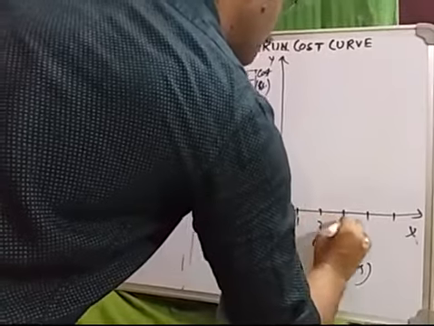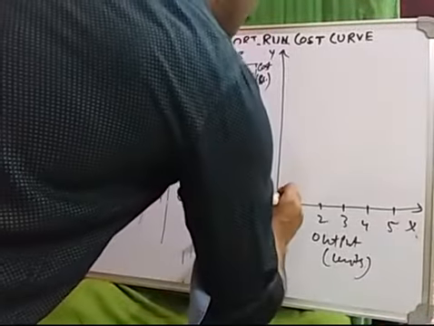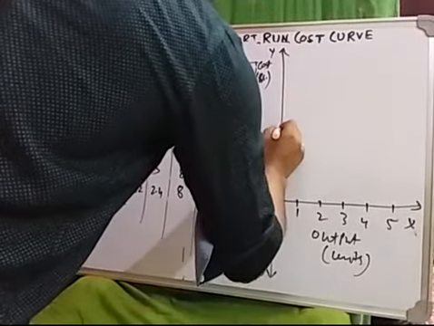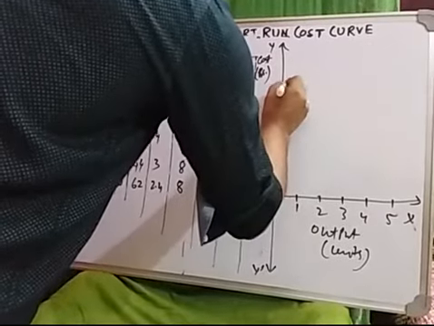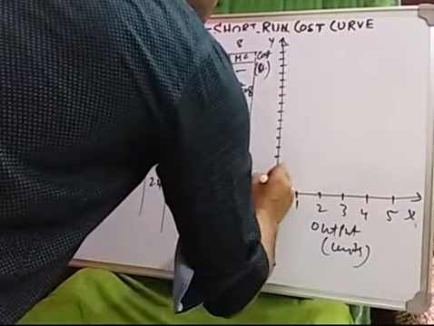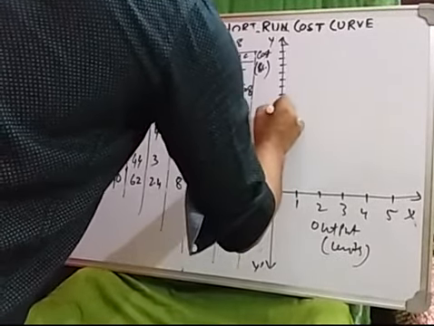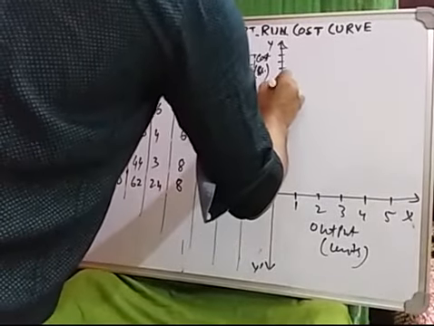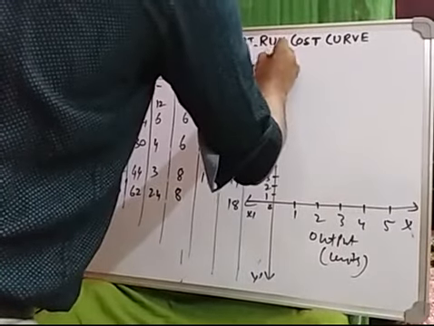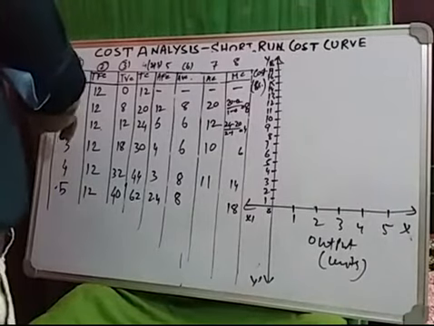So 0, 1, 2, 3, 4, 5, and here 1, 2, 3, up to 18. Clear? So first one is when you are producing 1 then 8.